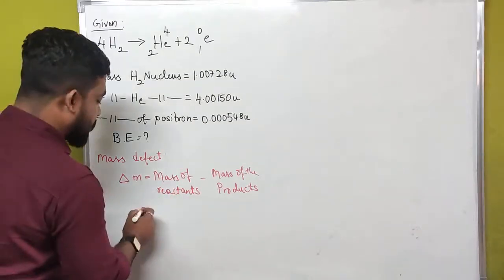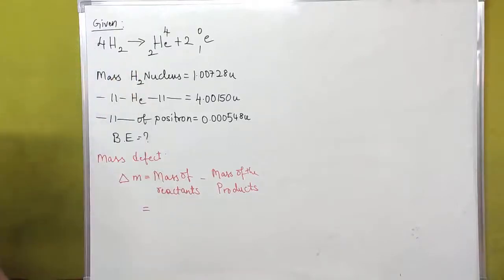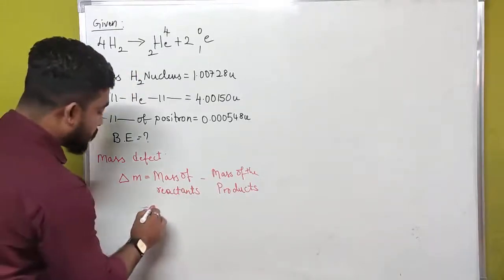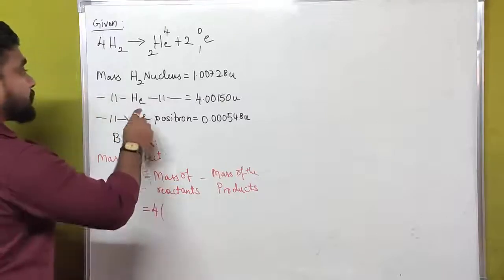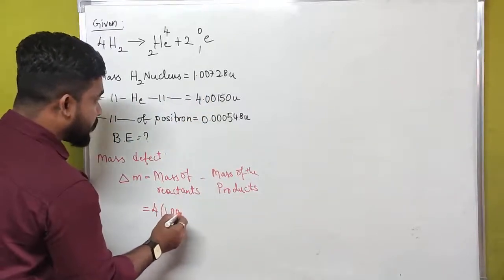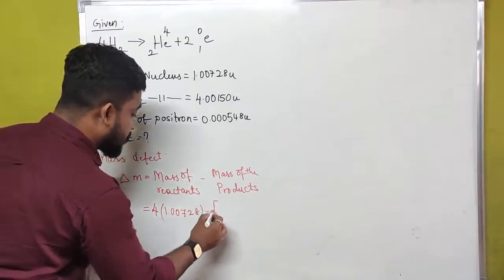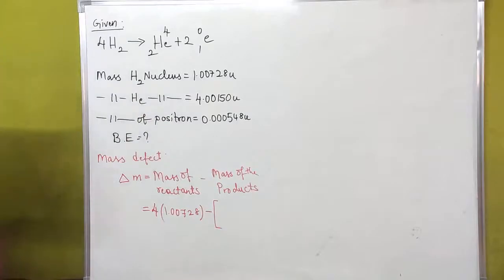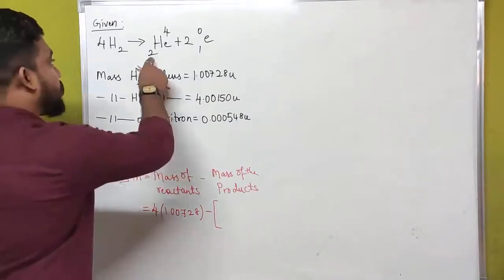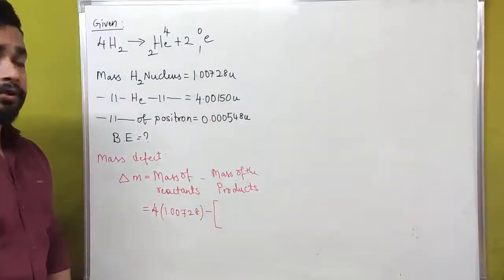What is the mass of the reactants? That is 4 into the mass of H2, which is 1.00728 units, minus the mass of the products. What is the mass of the products? That is the helium nucleus and 2 positrons here.